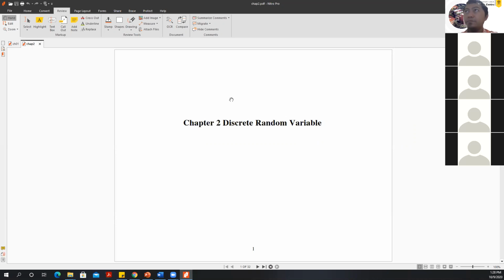Actually, when we talk about the discrete random variable, you remember that this is the sample space. Let's say we write the variable x on one axis, and on the y-axis we put the probability.